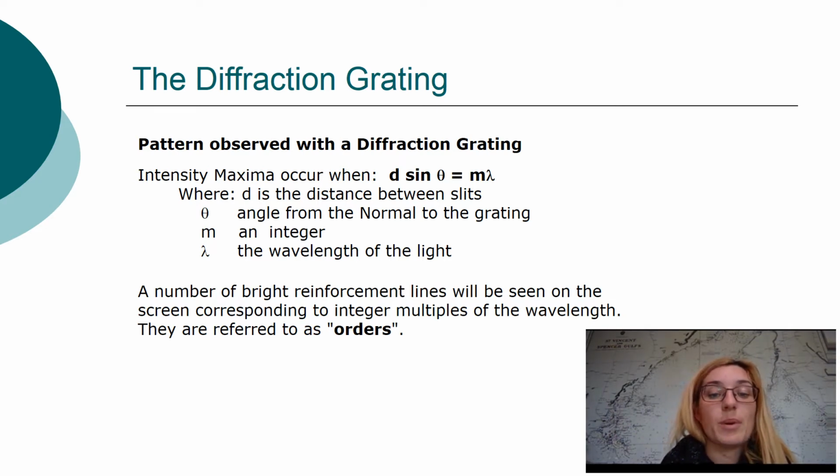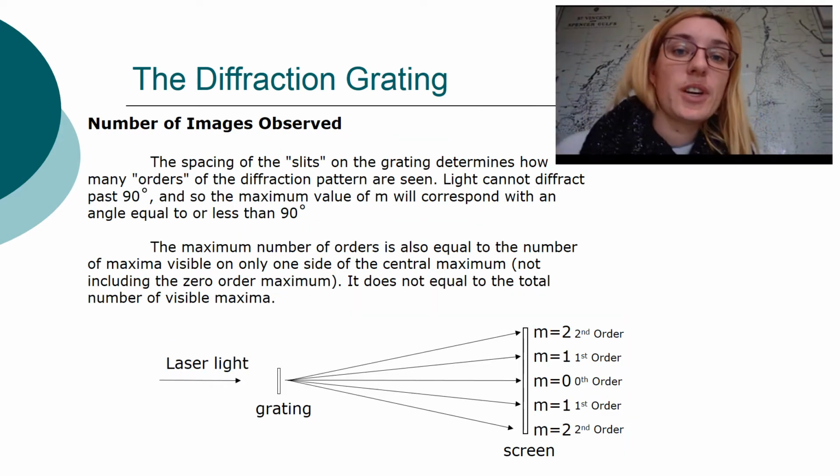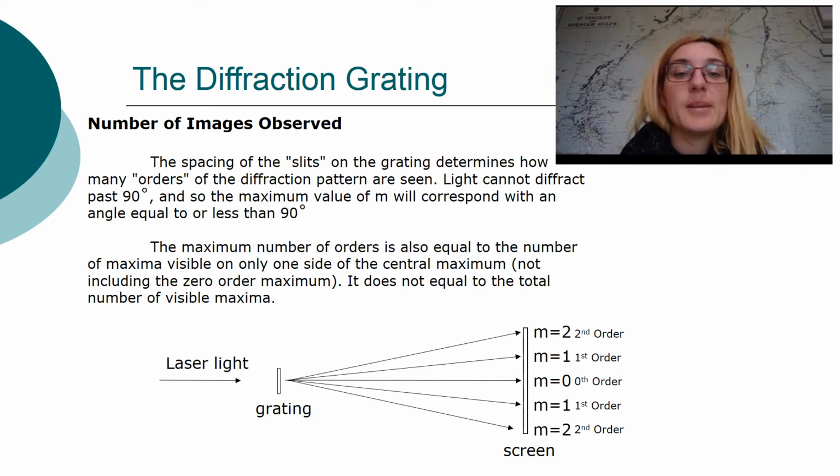So a number of bright reinforcement lines will be seen on the screen, and these are referred to as orders. There'll be a central one and then a number of orders of maxima as we move away from that center. When we look at a diffraction grating interference pattern, it looks similar to what we've got on the screen down the bottom here, but you'll notice straight away that this diagram is obviously not to scale.